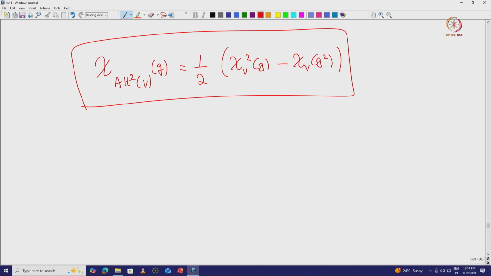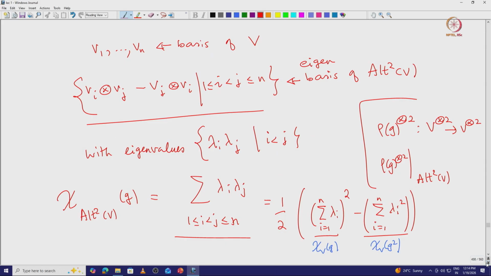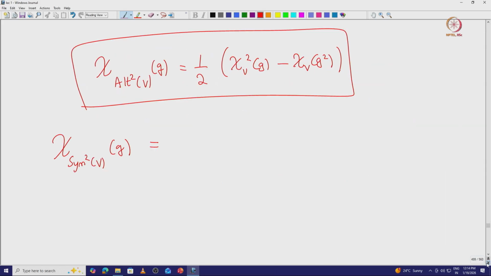Now if we use this, then we will be able to compute chi of Sym 2 V. So what is chi of Sym 2 V? Recall, this comes from the following identity: chi V of g squared minus chi Alt 2 V of g is exactly equal to chi Sym 2 V. So that means what we have here is chi V squared of g minus one half of chi V squared of g minus chi V of g square.